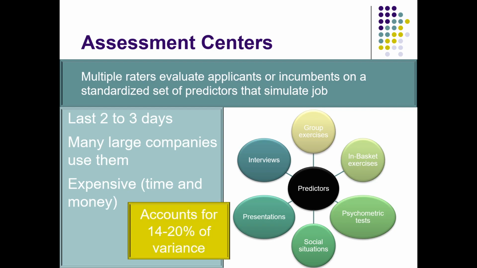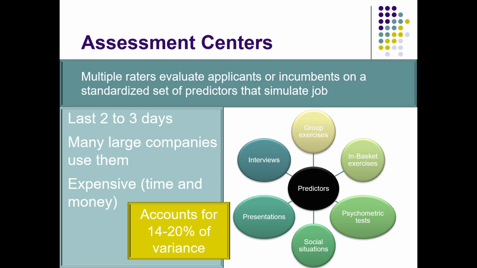Even with all these different ways of looking at things and all the stuff that's going on, as a conglomeration, assessment centers only account for 14 to 20% of the variance in performance on the job. Because what starts to happen over the 2 to 3 days is that the observers start to get to know the applicants, and then we start to get bias introduced.